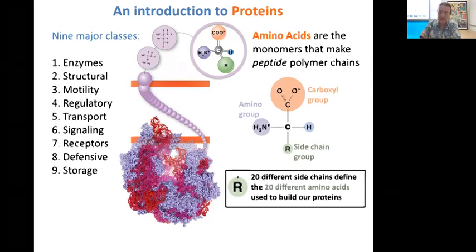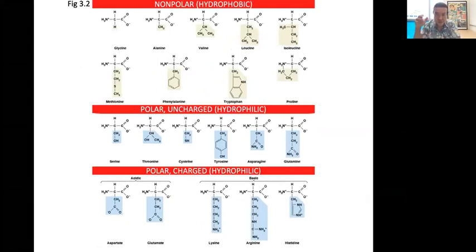Okay. So you've probably seen these amino acids before, or at least been sort of briefly introduced to them. So we're going to dive a little deeper into them now. These 20 amino acids are shown here. All 20 of them have that standard carbon in the middle with an amino group and a carboxyl group, right, and the little hydrogen on it, because remember the carbon in the middle wants to have 4 bonds.